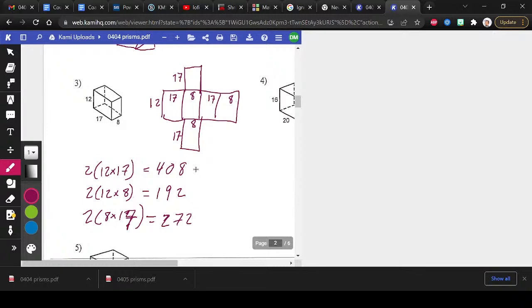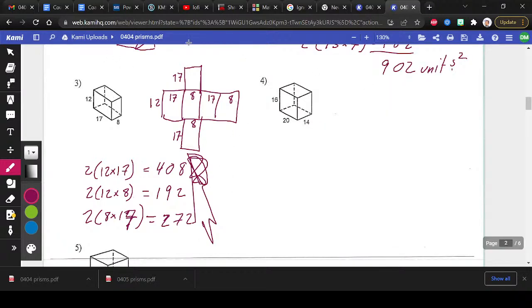So then we're going to add all 3 of these together once my computer lets me do that. There we go. Okay, my computer does not like me all of a sudden.